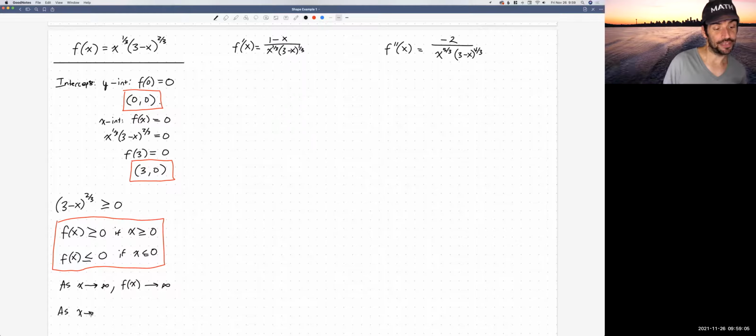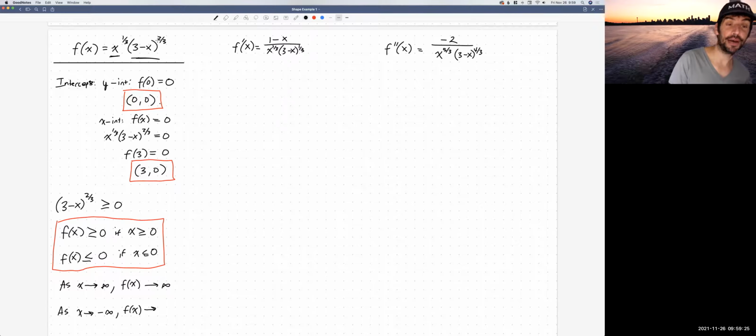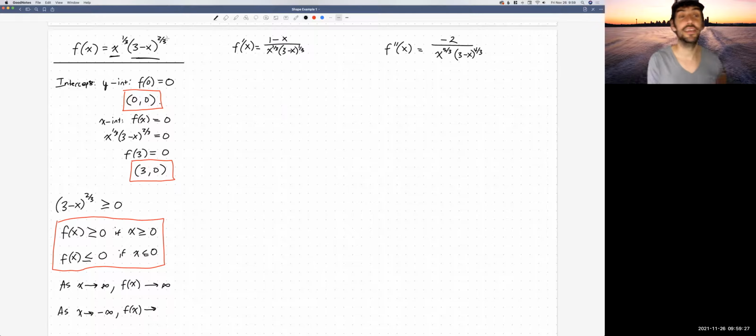The same thing happens in the opposite direction. The only difference is now the first factor is negative, the second factor is positive, right? As we're making x very large in the negative numbers, we're taking negative a billion to the 1/3 and getting a large negative number. 3 minus x is a very large positive number. And then it's got this 2/3 root, so it's still a large positive number.